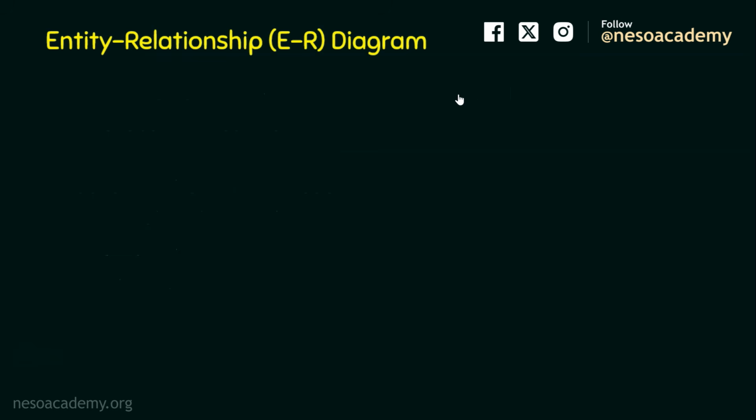ER diagrams give the logical or overall structure of the database design. ER diagrams play a vital role in the ER model because in an ER diagram, everything is represented graphically, so many symbols are used. In an ER diagram, entities and relationships are important.